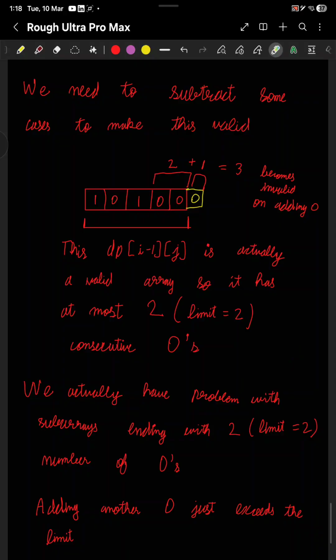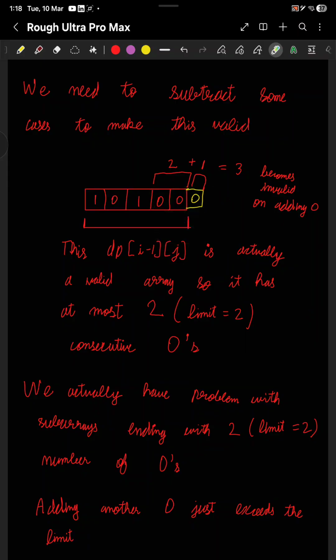So we don't have a problem with certain kinds of subarrays that are ending with 1 zero, like those that have two consecutive zeros but are ending with 1 consecutive zero. This does not create a problem because here we have at most 2. We just need to take care of those that are ending with limit number of zeros.